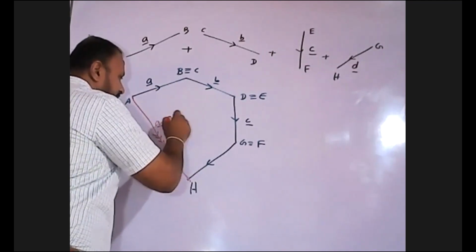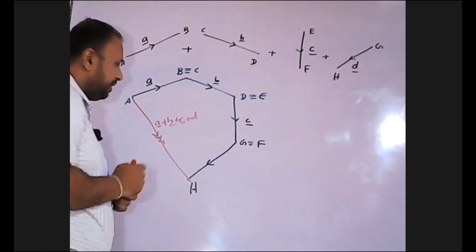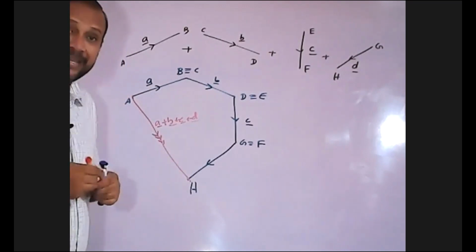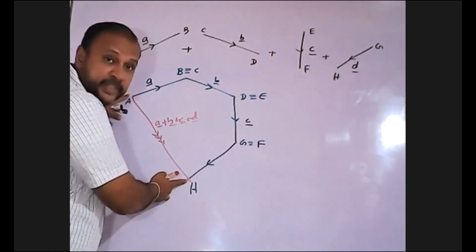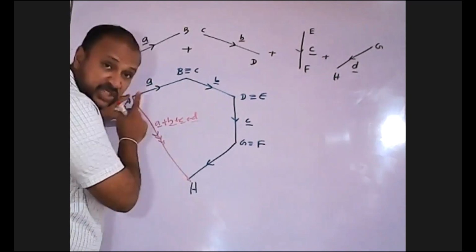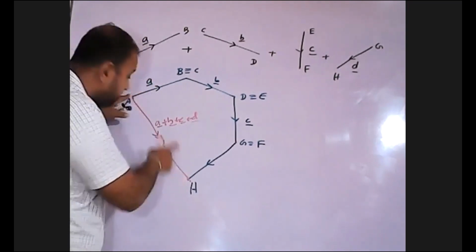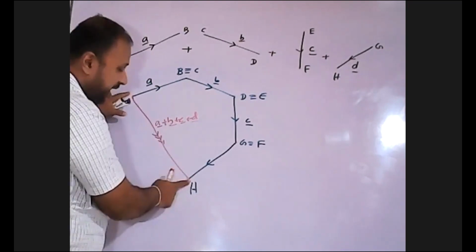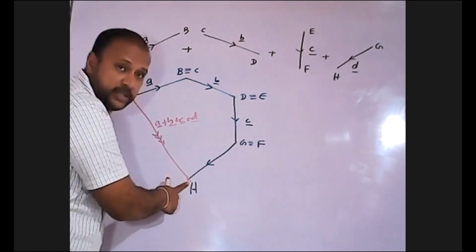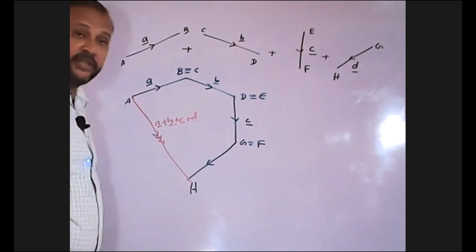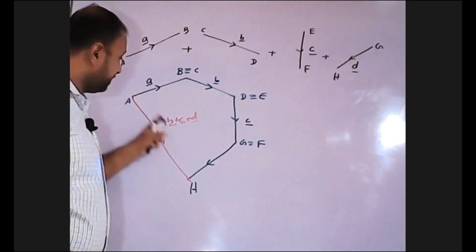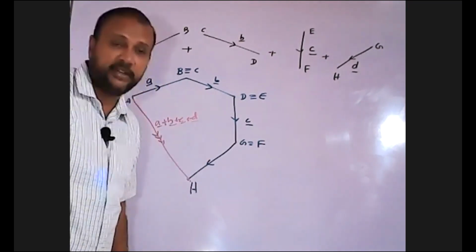A plus B plus C plus D. That means the gap between the starting point of the first vector and the end point of the last vector represents the resultant vector.